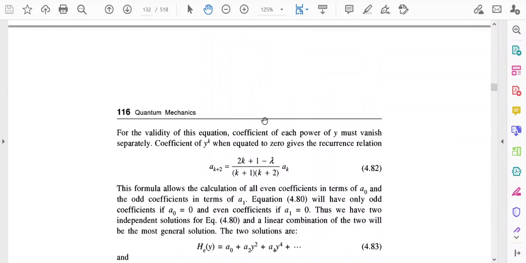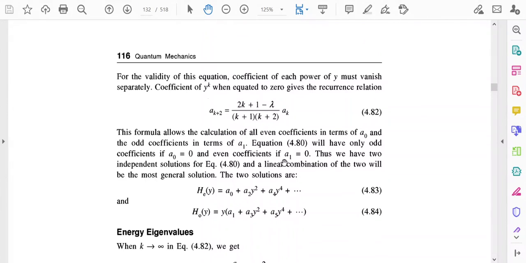If we set a0 equal to 0, then all even coefficients will vanish. And if we set a1 equal to 0, then all odd coefficients will vanish. In this way you can make either all odd or all even coefficients vanish.